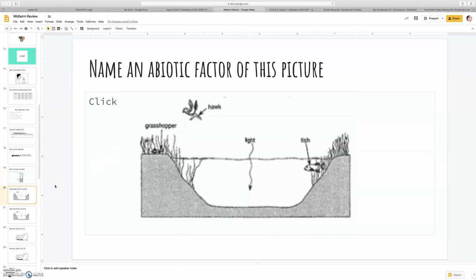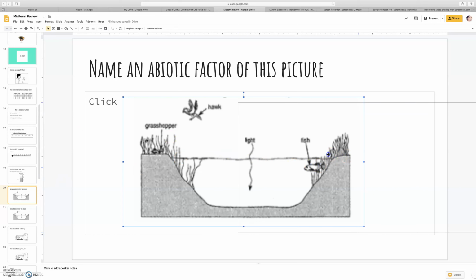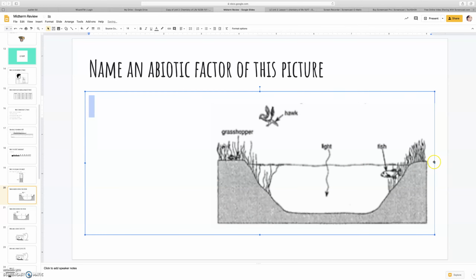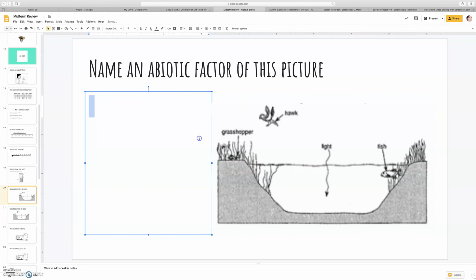Now we have to name an abiotic factor in this picture. Now you guys did very well. You know that abiotic means non-living. So let's just move this picture over. And we know that abiotic factors don't say cars, rocks, a cup. You have to speak about the big picture. Speak about things that affect living things.